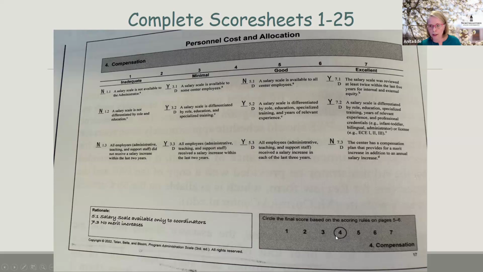Any thoughts on how we got to the 4? This is kind of like if you do the ECERS. Yes, I had to do that last semester. Exactly like the ECERS or the ITERS, if any of you have done the ITERS.